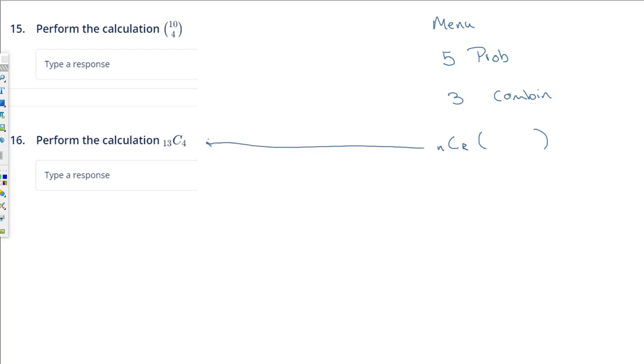To do this one right here, it'd be 13, 4. To do this one, it would be 10, 4. And so you should have had 210 and 715.